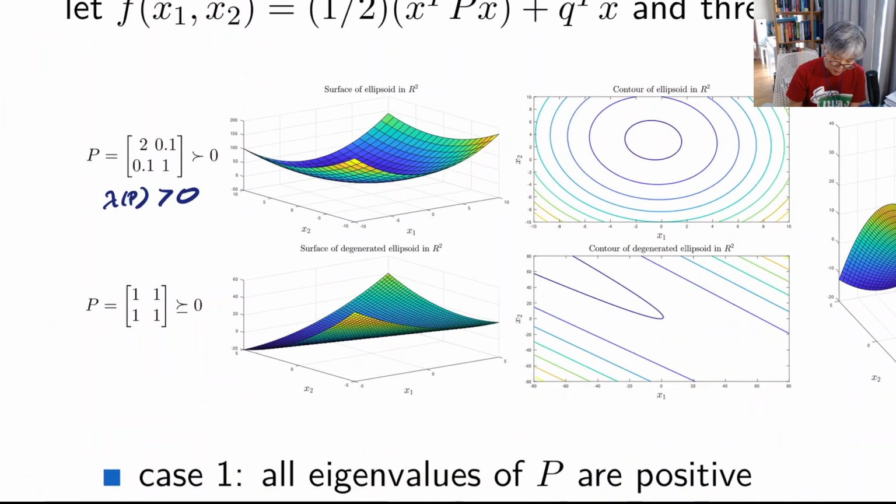Okay. When my P is 1, 1, in this case, my lambda of P is non-negative, so at least one of the eigenvalues could be 0.